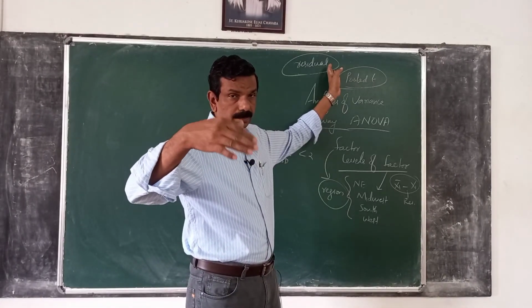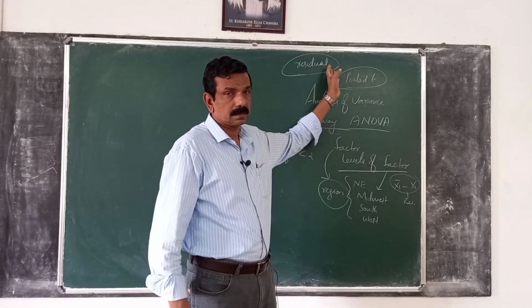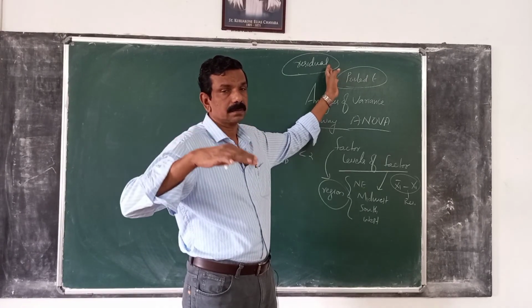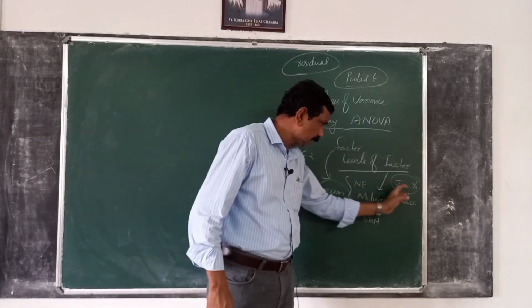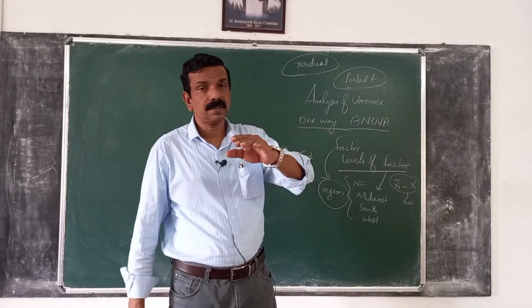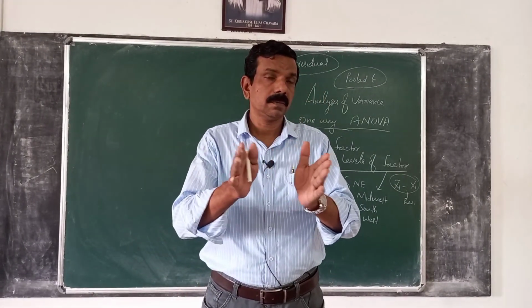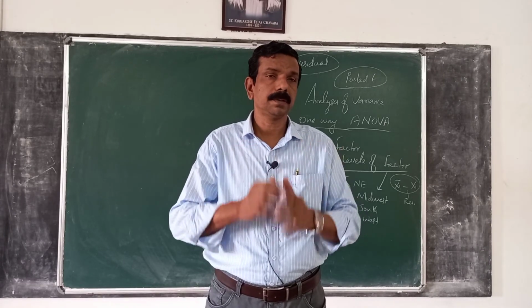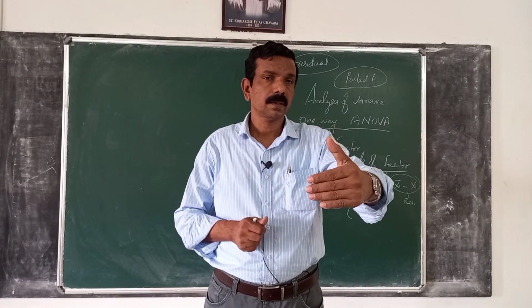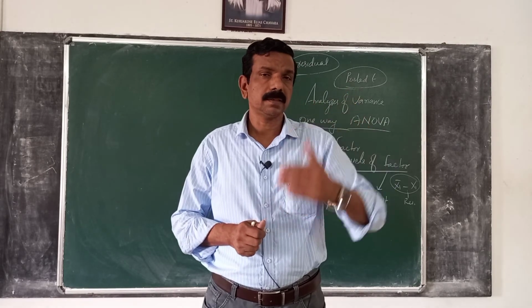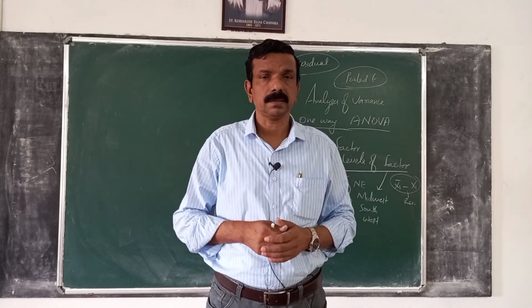Here residual means the difference between an individual observation and the mean value of that group. It is different from the residual in regression analysis that we will see later.